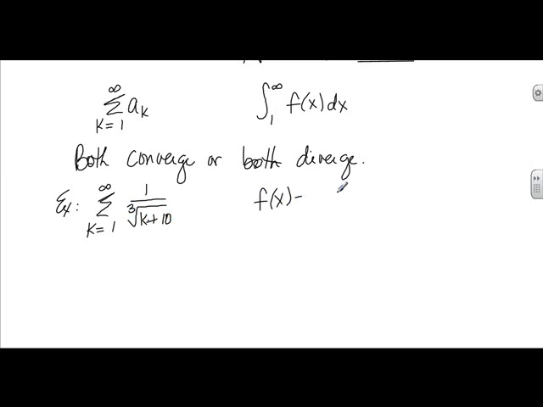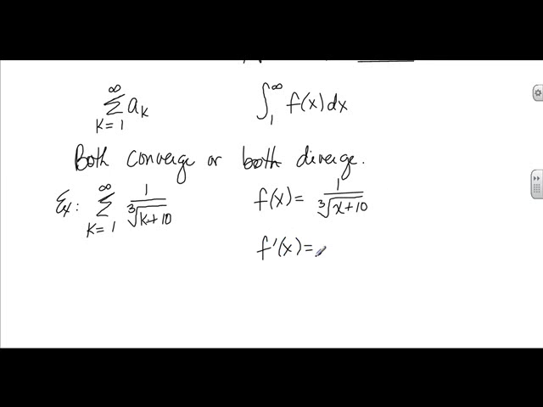Now that function f of x is continuous, decreasing, and positive on the interval from 1 to infinity. You can check those three things very quickly by looking at a graph of f of x. The other thing you could do is evaluate the derivative of f. Sometimes it's hard to tell, even looking at a calculator graph, if our function is increasing or decreasing or constant, if it's doing one of those things very slowly.